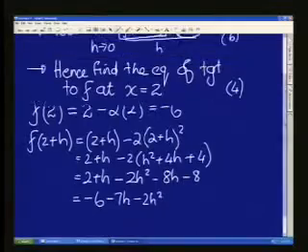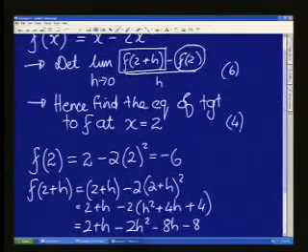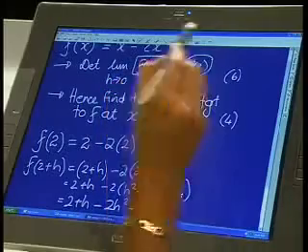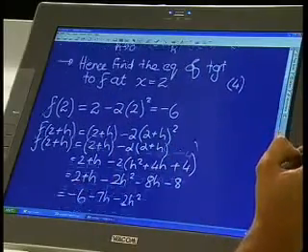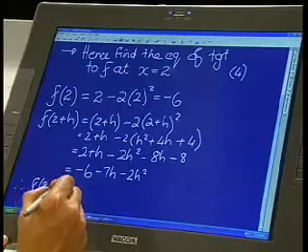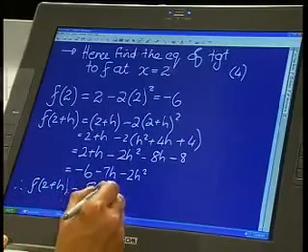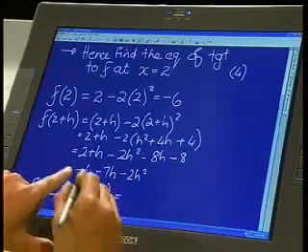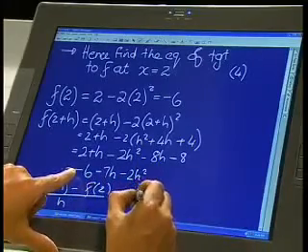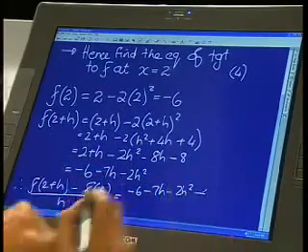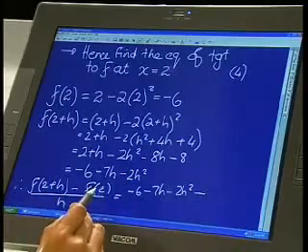Now I've worked out my two y values. Now my formula tells me subtract the f of 2 and divide the answer by h. Okay, so f of 2 plus h minus f of 2, divided by h, will give me this: minus 6 minus 7h minus 2h squared. Now be careful, a double negative.